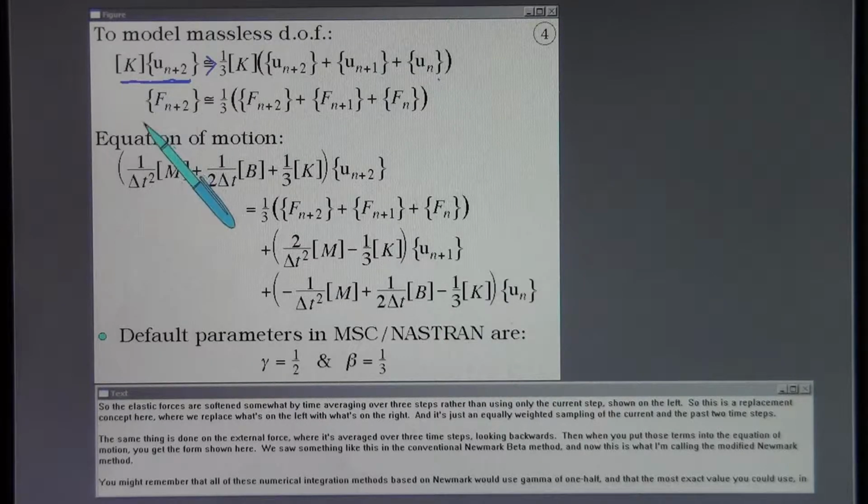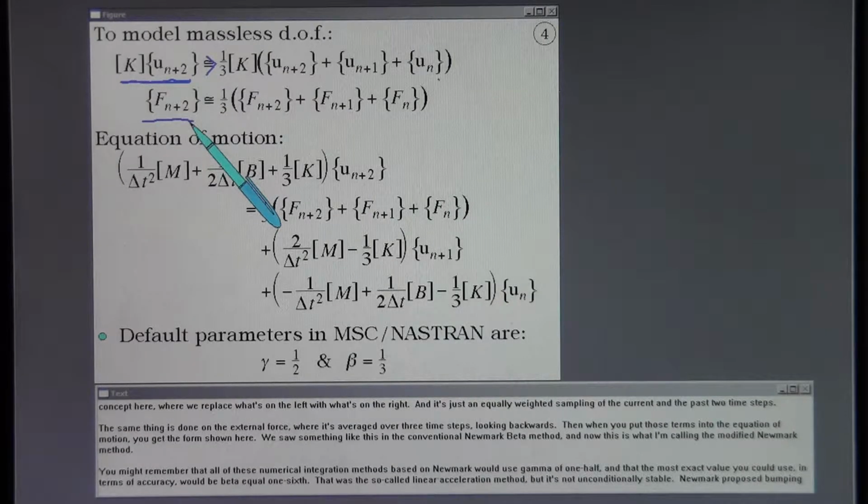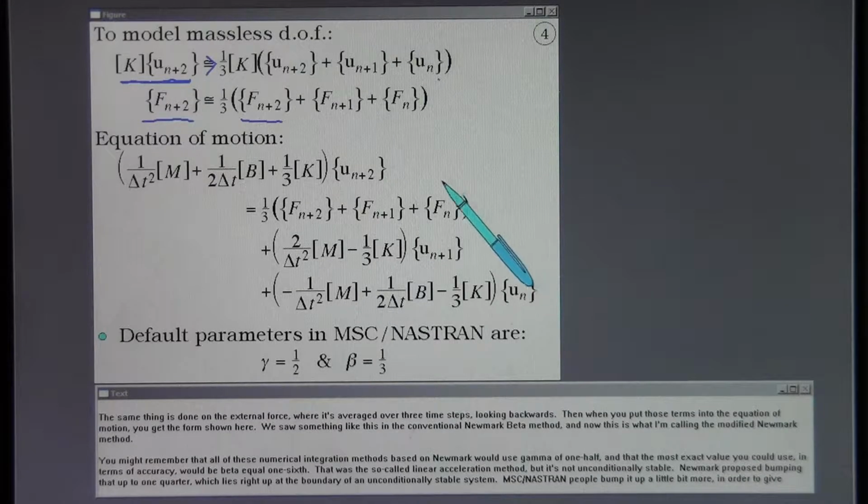The same thing is done on the external force, where it's averaged over 3 time steps looking backwards. Then when you put those terms into the equation of motion, you get the form shown here. We saw something like this in the conventional Newmark Beta method, and now this is what I'm calling the modified method.